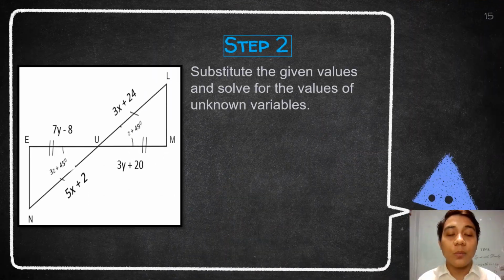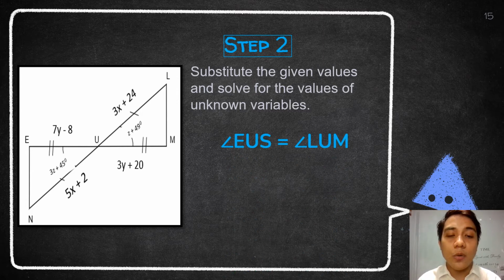To compute for the last unknown variable, which is z, we need to use angle EUS and angle LUM. Based on the figure, angle EUS is equal to angle LUM, or they are congruent to each other.